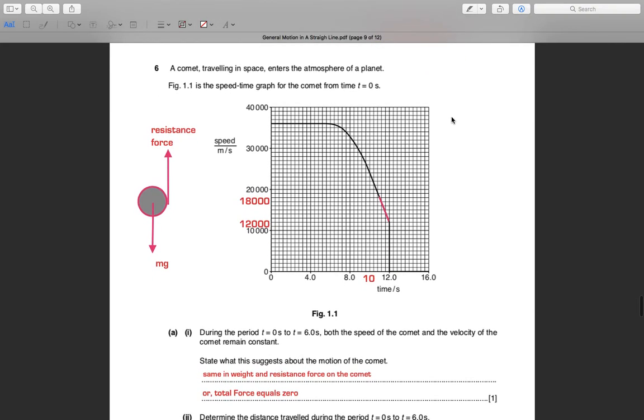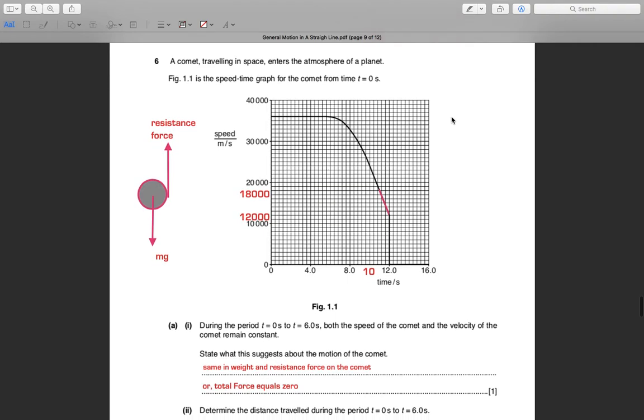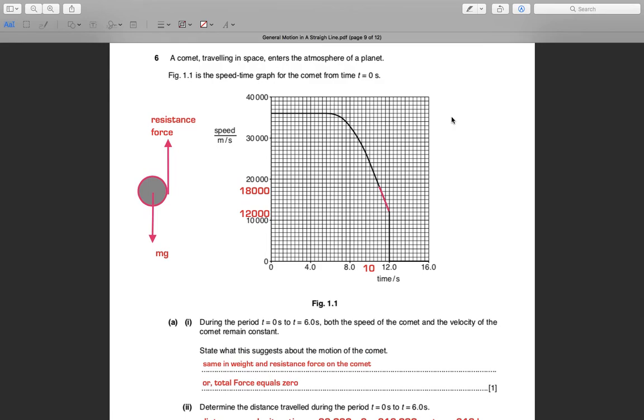Number 6. A comet traveling in space enters the atmosphere of a planet. Figure 1.1 is the speed time graph for the comet from the time t equals 0. Please see the figure 1.1.